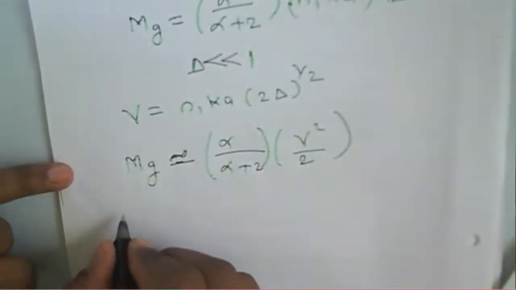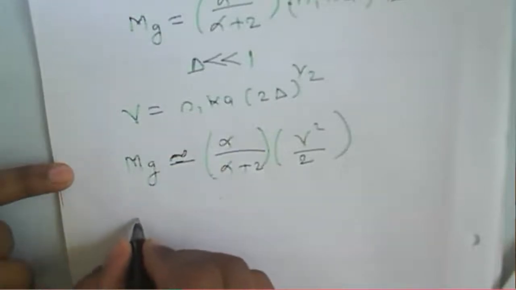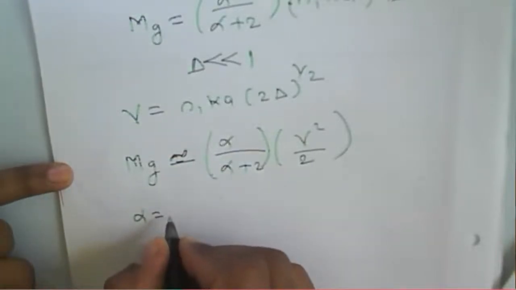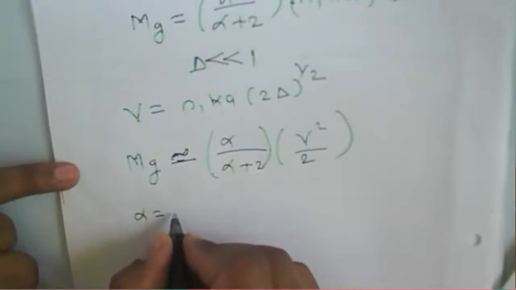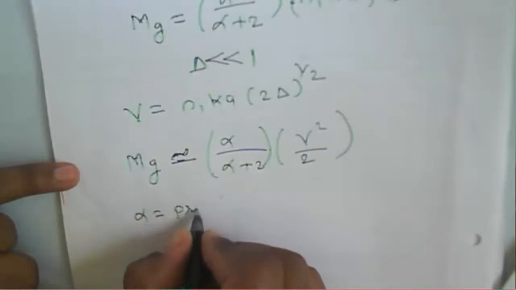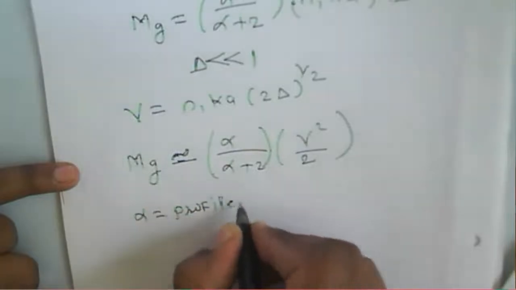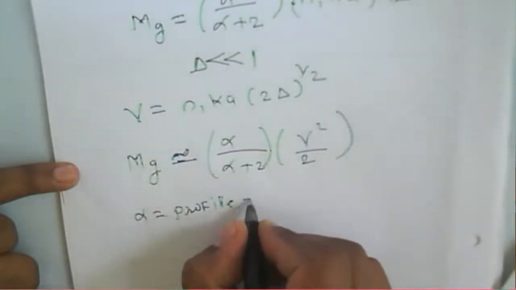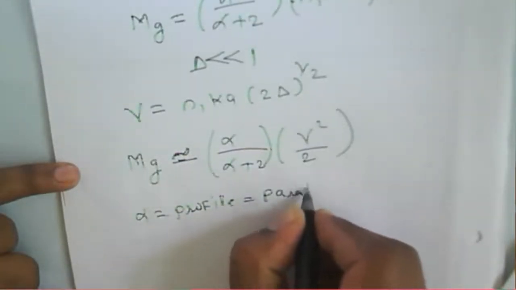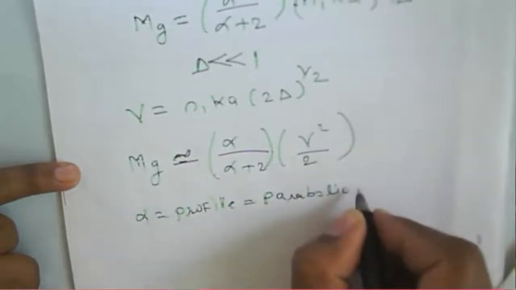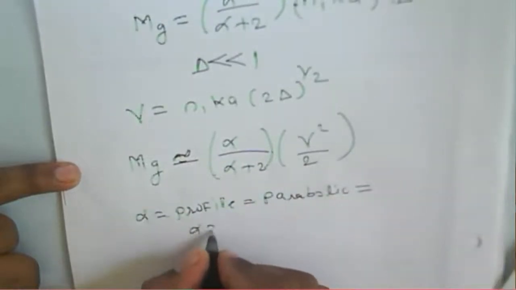So if you consider that your profile is parabolic, we can say that alpha is about a parabolic profile. Okay, we can say that for an alpha profile that is parabolic in nature, alpha will be 2.